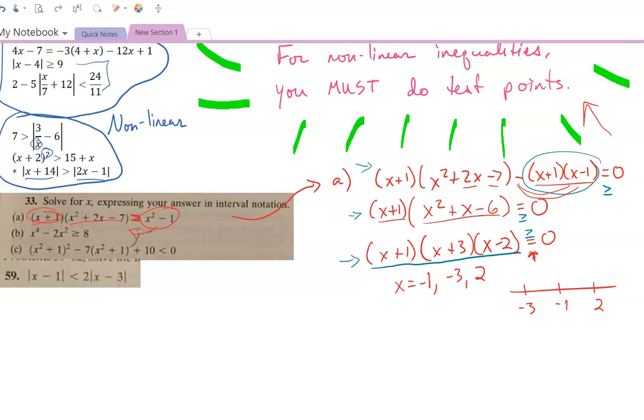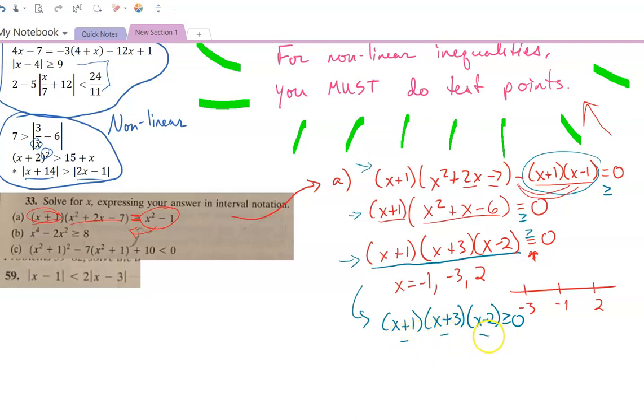So, if I plug something that is to the left of -3 into this statement, actually just to give myself some more room, I'm going to rewrite this. So I'm not changing anything, just rewriting. Okay, so if I plug something to the left of -3, this factor is going to give me a negative, this factor is going to give me a negative, this factor is going to be a negative.